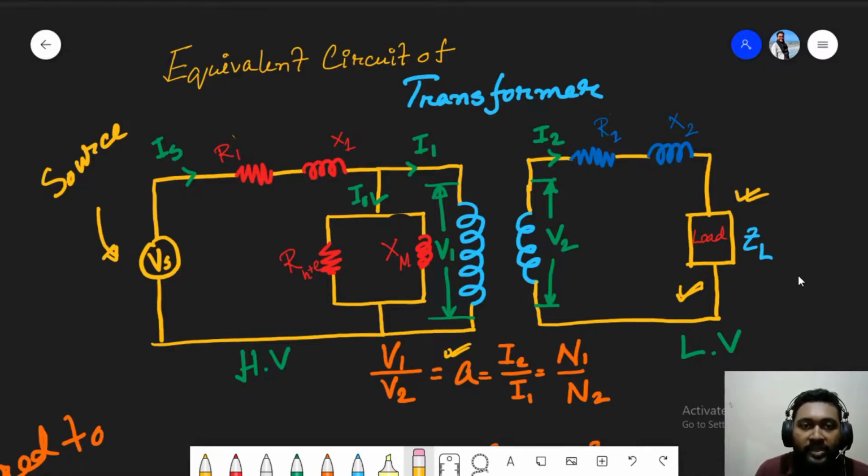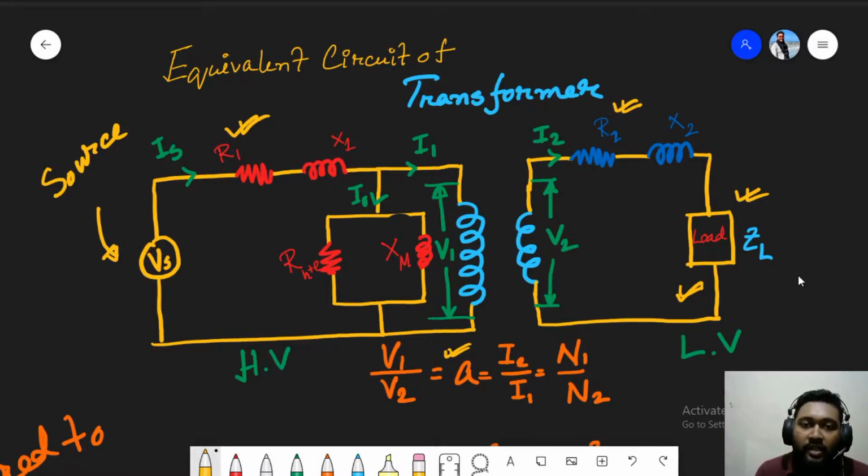Basically, this is R1, the resistance of our primary side, and this is R2, the resistance from the secondary side.